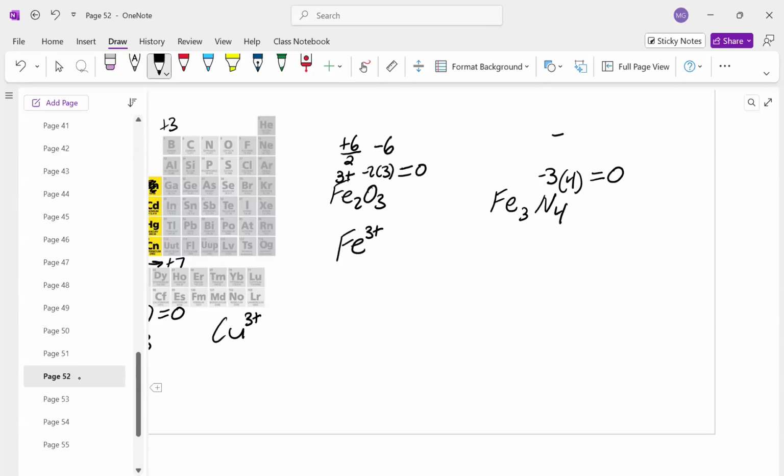So the overall negative charge is -12 over all 4 of those nitrogens. That means all of the irons have to add up to +12. The formula tells me I have 3 of them, so 12 divided by 3 is 4 plus. In this case, iron has a charge of 4 plus.